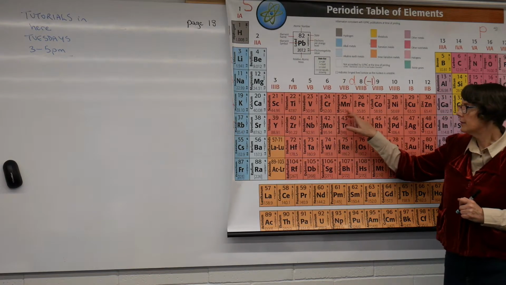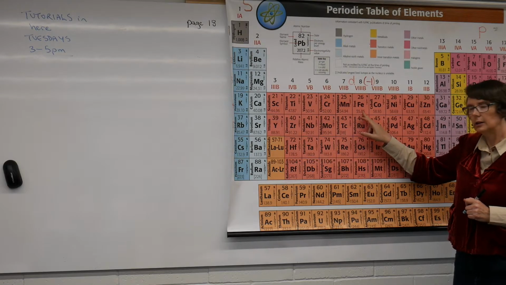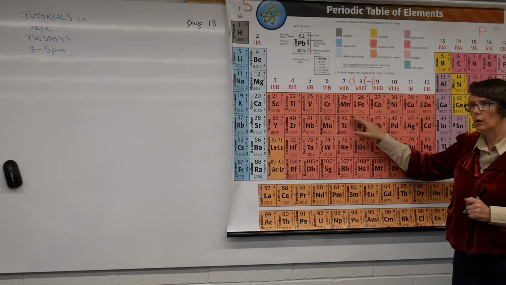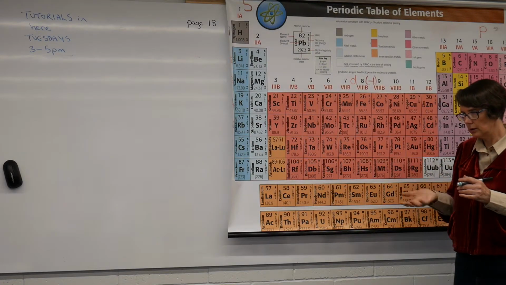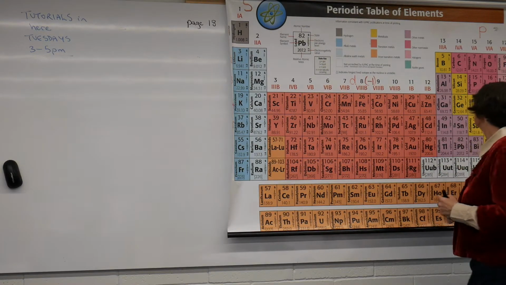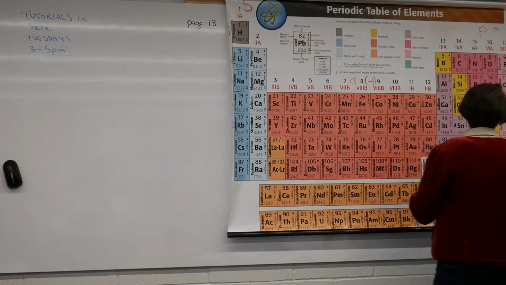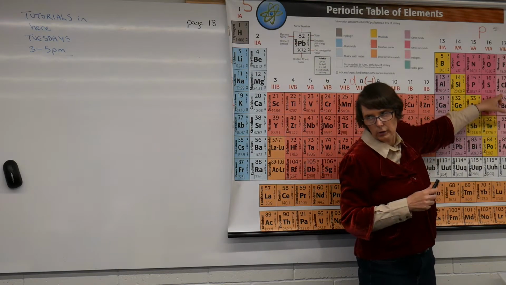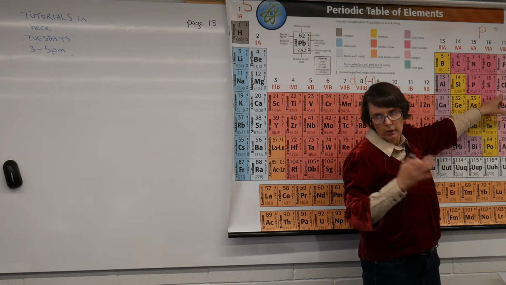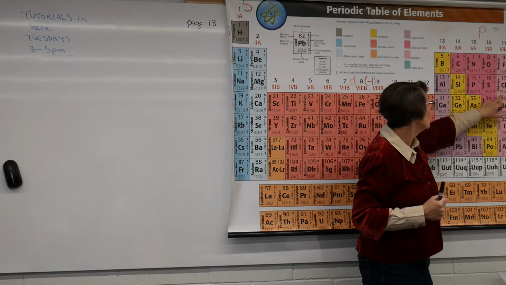But the reason why these aren't whole numbers is because this is giving us the average of the percent of each isotope as it occurs in nature. So we can see that, like with chlorine, 35.45 is the relative atomic mass of a bog standard sample of chlorine from around the world.